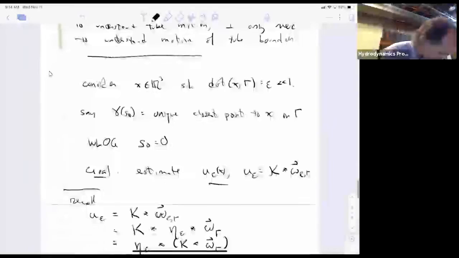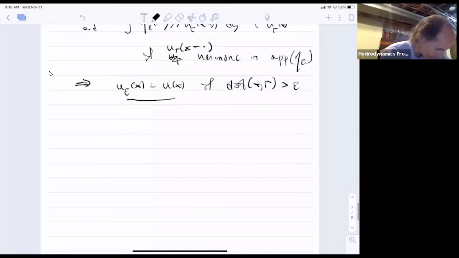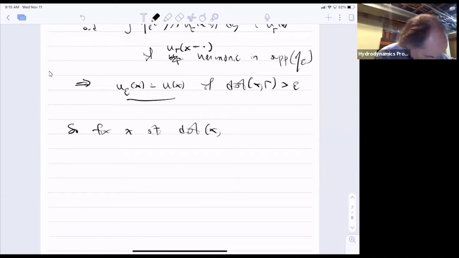So we said, okay, so fix x such that the distance of x to gamma, which is x minus gamma of 0, is some small number epsilon.